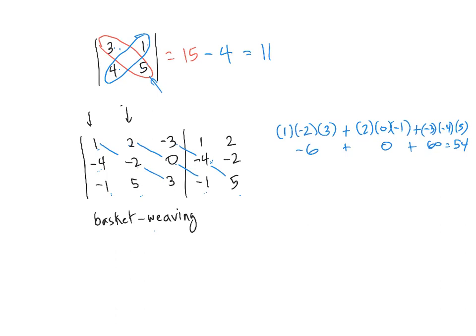Then I'm going to do diagonals in the other direction, kind of like what I did in the 2x2, but this time my diagonals are going to look like this. You can now see why it's called basket weaving, because it looks like a basket. And along those diagonals, we're going to multiply those numbers.